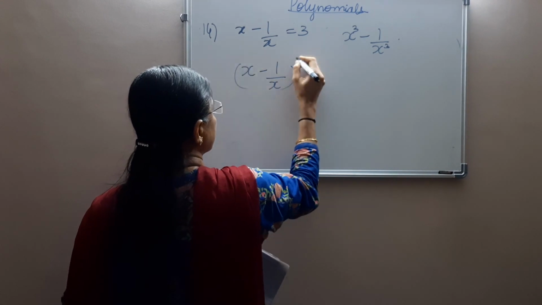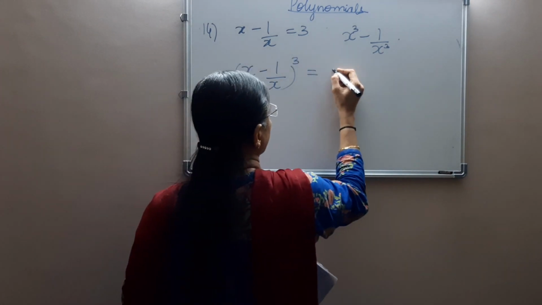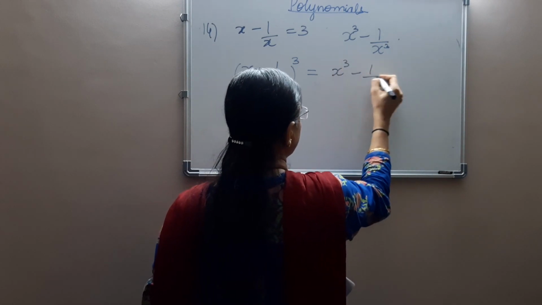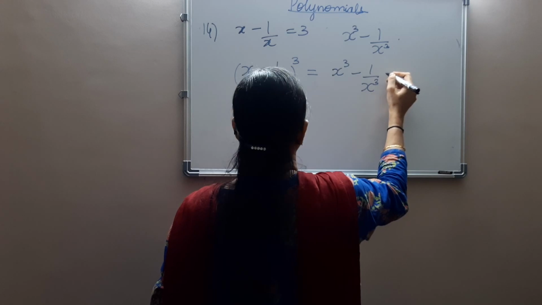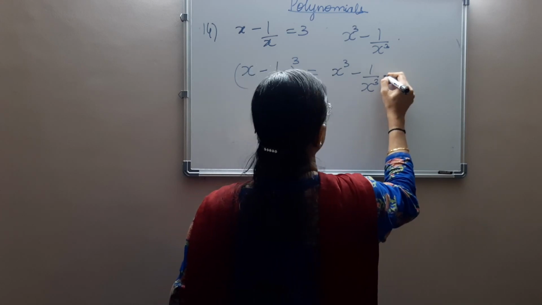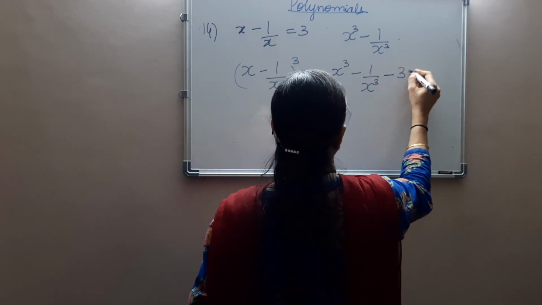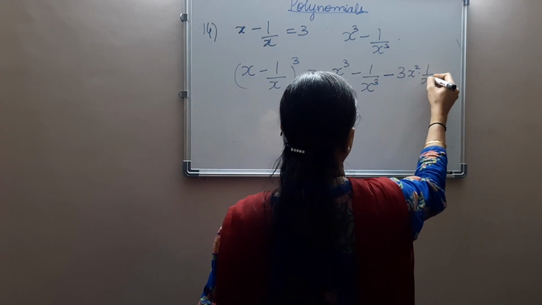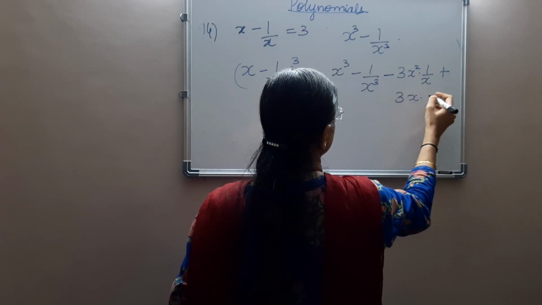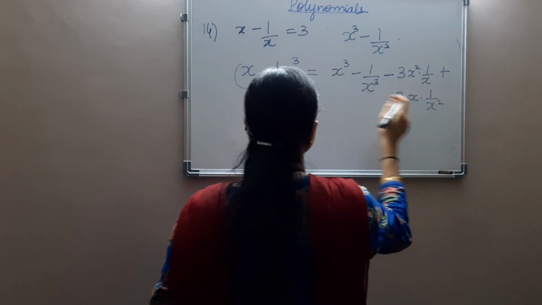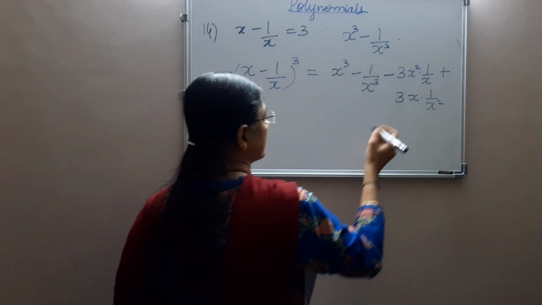(x minus 1 by x) the whole cube, that is (a minus b) the whole cube, is equal to a cube minus b cube minus 3x squared into 1 by x plus 3x into 1 by x squared, because minus 1 by x the whole squared is plus 1 by x squared, isn't it?